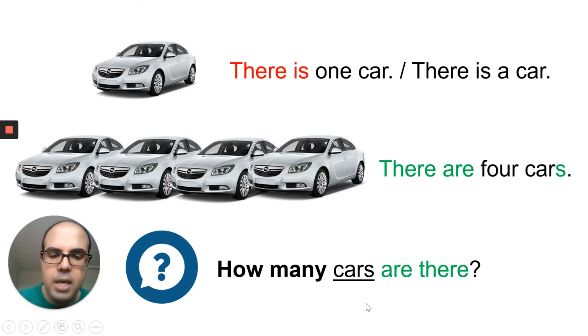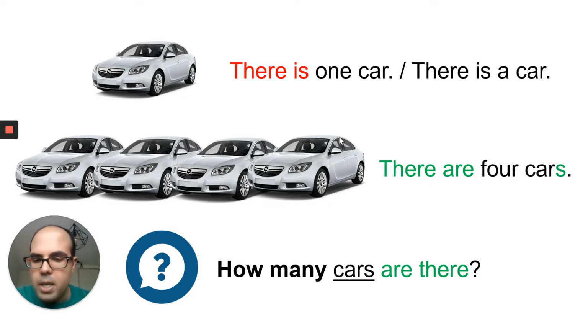Okay, how many cars are there? And in this case, there are cars, but I can ask the question about these felt tip pens that I have here. How many felt tip pens are there? There are 4 felt tip pens. Well, now there are 5 felt tip pens. Okay?